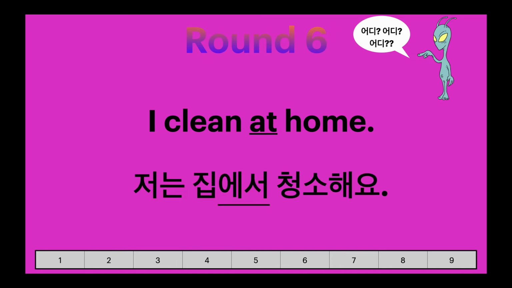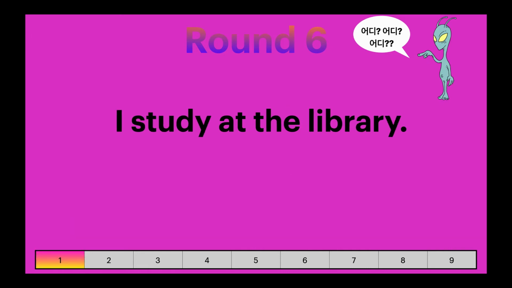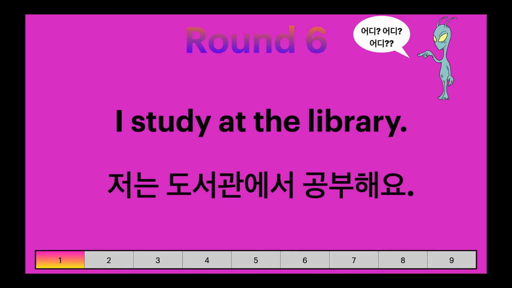저는 집에서 청소해요. Remember that we will use 에서 here as opposed to 에 because 에 is only used to represent the location for 있어요 and 없어요. I study at the library. 저는 도서관에서 공부해요.